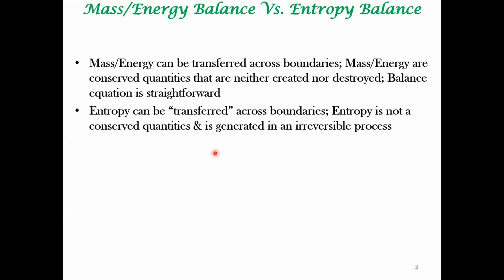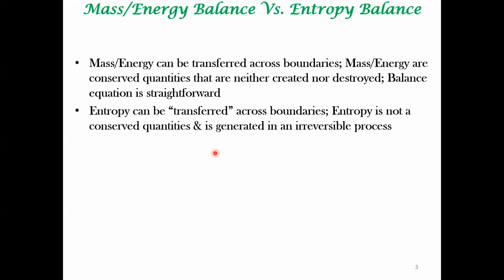However, we are looking at entropy. We say entropy can be transferred, so we must be clear what is getting transferred. Is it heat that is getting transferred, or is it entropy that is getting transferred? If it is heat transfer, it is rather obvious. But if you say entropy transfer, we need to think through that more carefully.